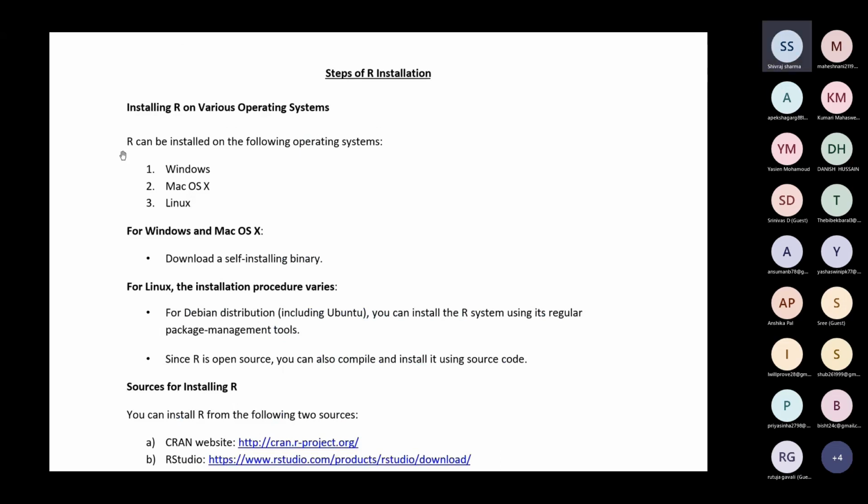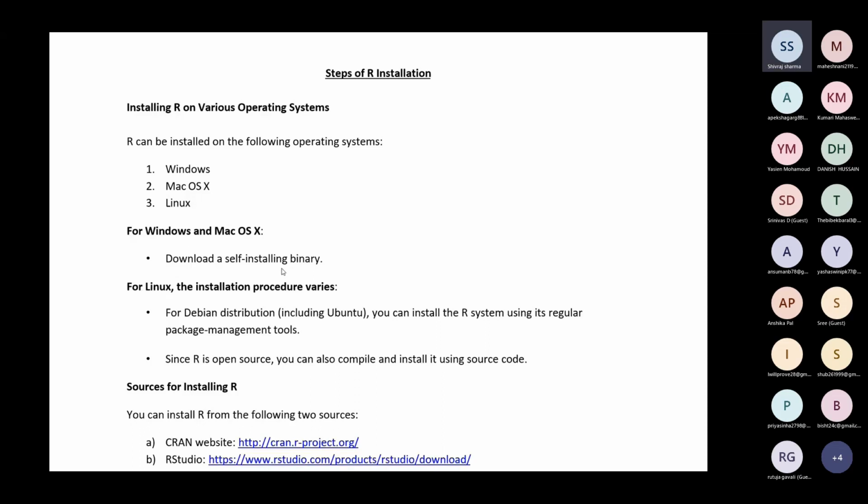R can be installed on any of the operating systems because it has different versions for Windows, Mac, and Linux. For Windows and Mac, it has its self installation binary.